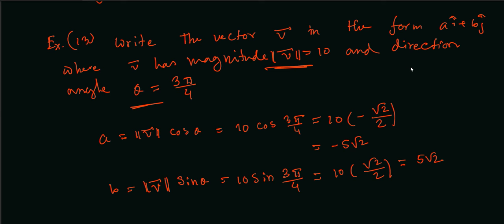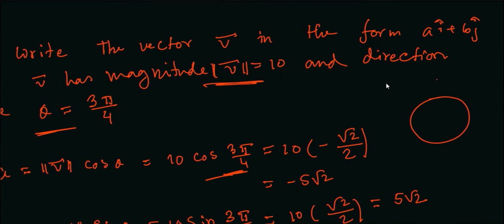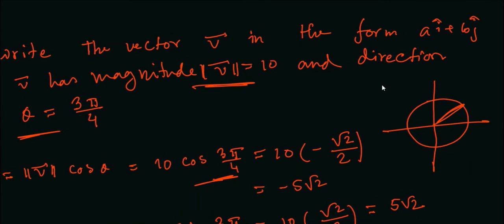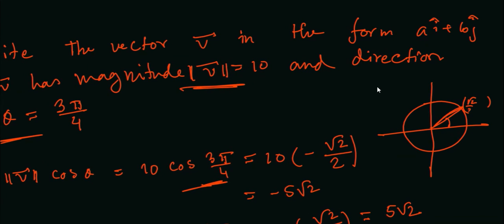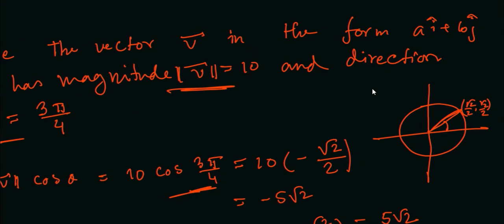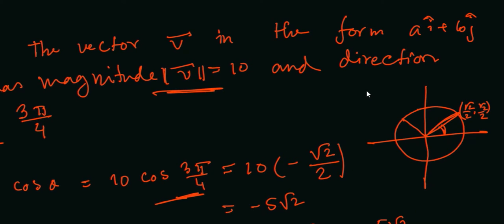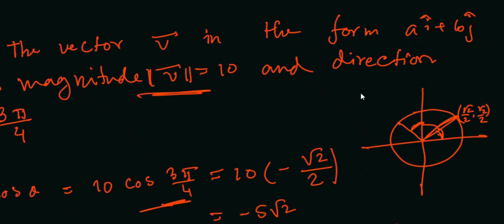For your reference, if you forgot how to find the value of cosine 3 pi over 4 and sine 3 pi over 4, we take help from the unit circle idea. Pi over 4 is here, 45 degrees. The value here is square root 2 over 2, and 3 pi over 4 means we're in the second quadrant. 1 unit of pi over 4, 2 units of pi over 4, 3 units of pi over 4.